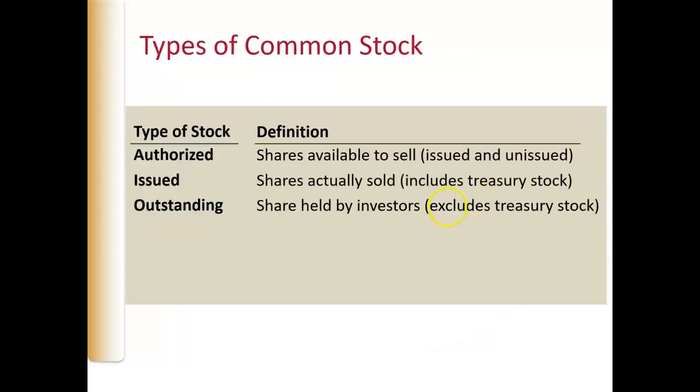Now, authorized are the shares that are available to sell. Issued are the shares that have actually been sold, which includes the treasury stock. And outstanding are the shares held by investors. That excludes treasury stock.